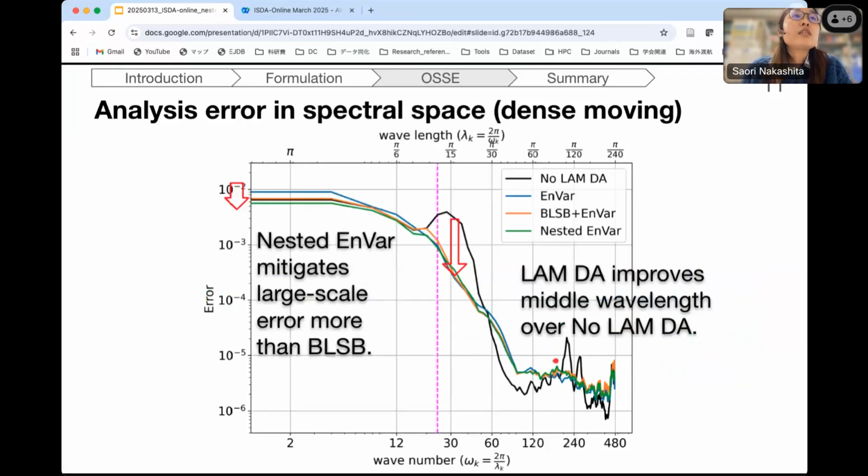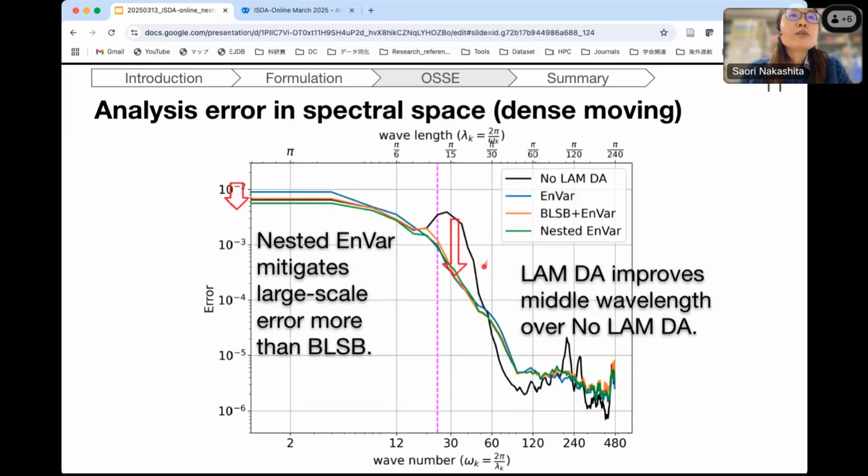And to see the DA and LSB impact in spatial scales, this figure shows the analysis error spectra in each experiment. As you can see, the nested EnVar clearly mitigates the large-scale error more than conventional DA and BLSB, and even improves the large-scale analysis compared to NoLAM-DA.